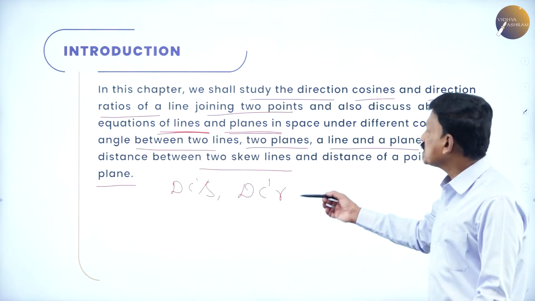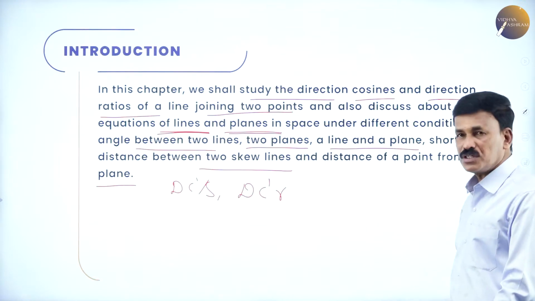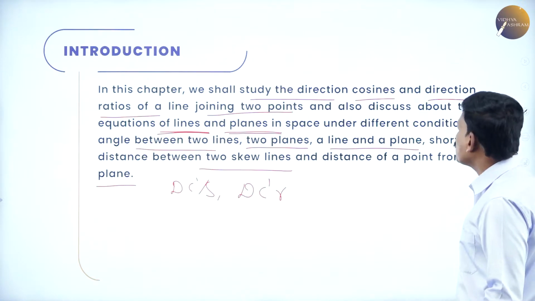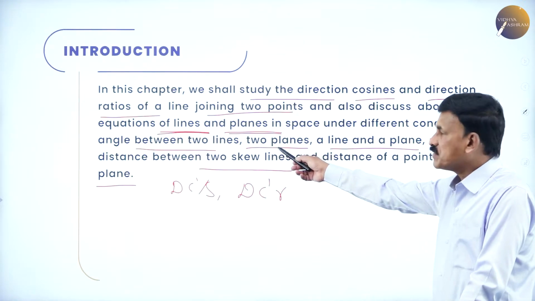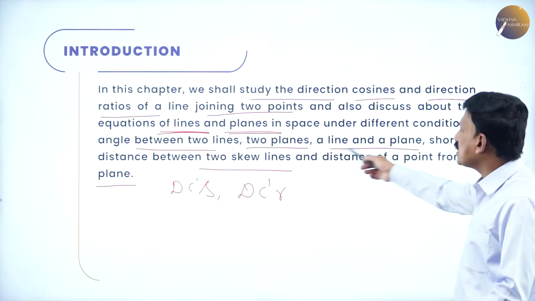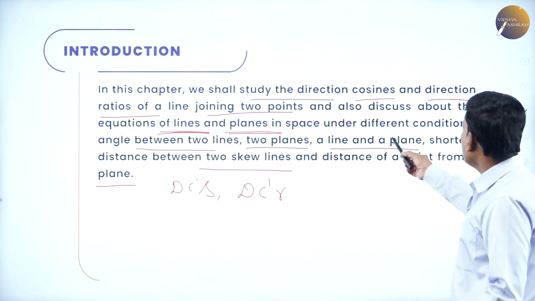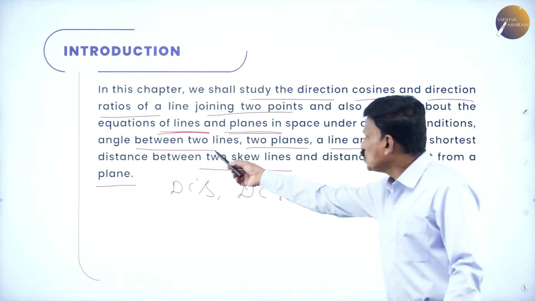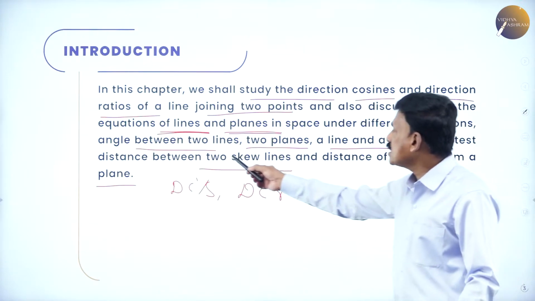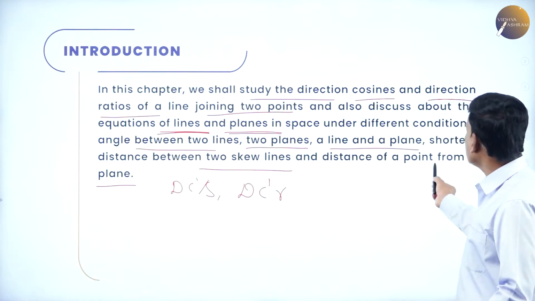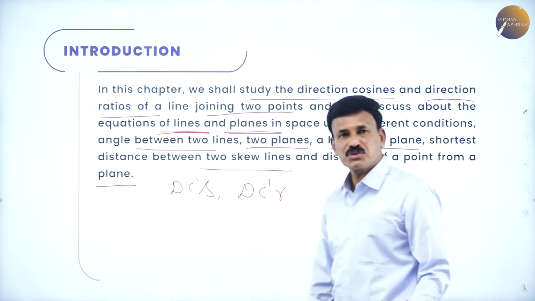So in this chapter we will study the direction cosines and direction ratios of a line, of a line joining two points, the equation of the line and plane in space under different conditions, the angle between two lines, two planes, and a line and a plane, and the shortest distance between two skew lines and the distance of a point from a plane. These are the things we are going to study in this chapter.